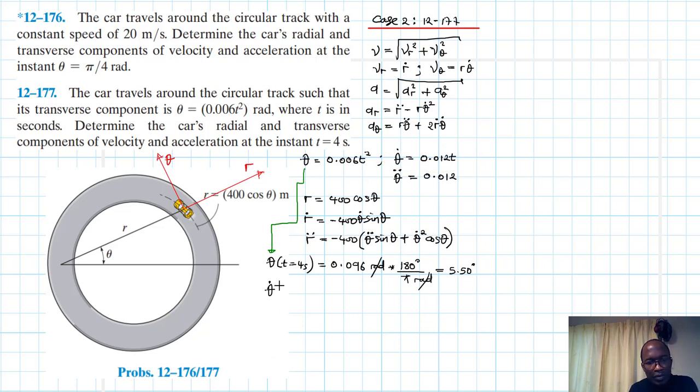Theta dot at t equal to 4 seconds is 0.012 times 4, and we get 0.048 rads per second.